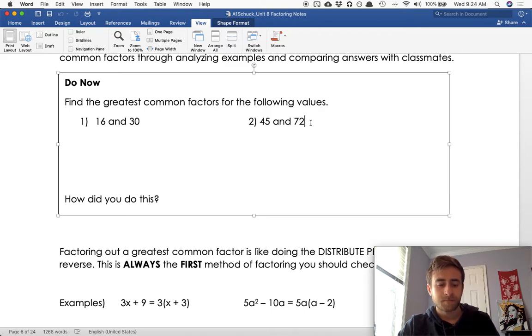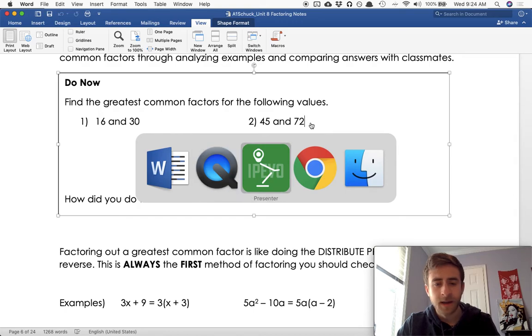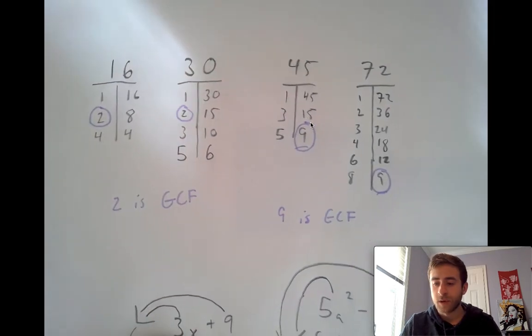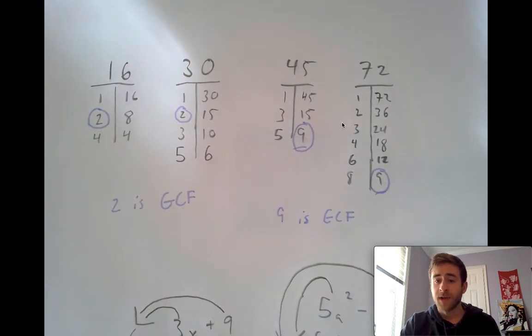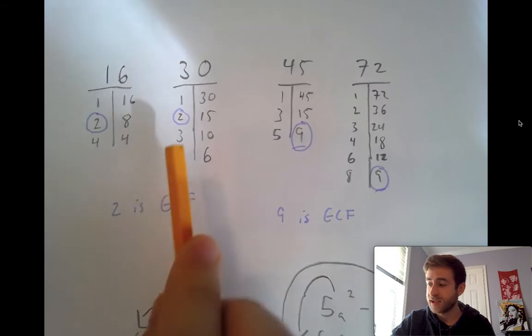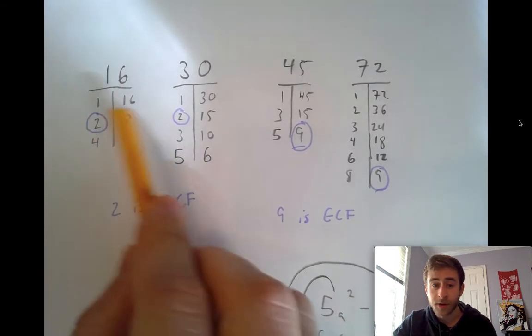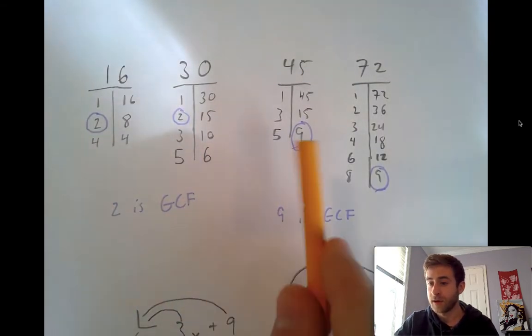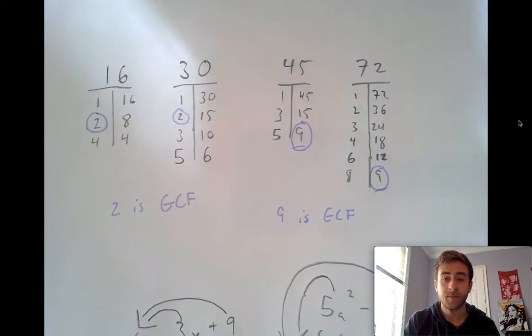What I've got over here is I already have the questions solved, because earlier this morning I tried a recording of this video and it was taking way too long. So here it is. I have the list of factors for 16 and 30 over here. It's all the numbers that would multiply together to make 16, and all the numbers that would multiply together to make 30.